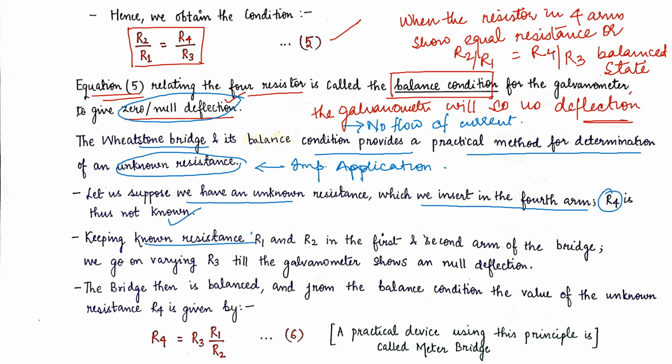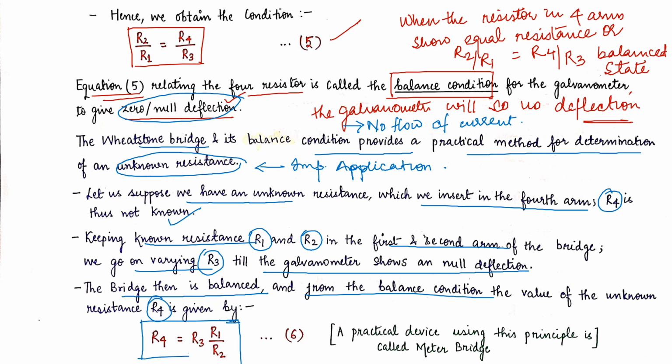Keeping the known resistances R1 and R2 in the first and second arms, we go on varying R3 till the galvanometer shows null deflection. The bridge is then balanced, and from the balanced condition, the value of the unknown resistance R4 is given by R4 equals R3 into R1 upon R2. A practical device using this principle is the meter bridge.